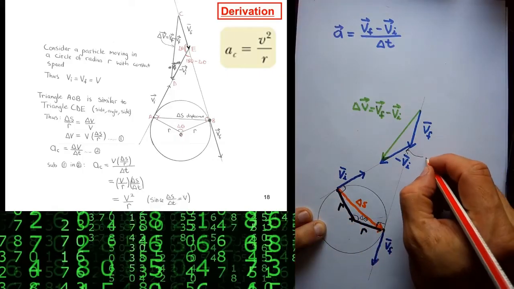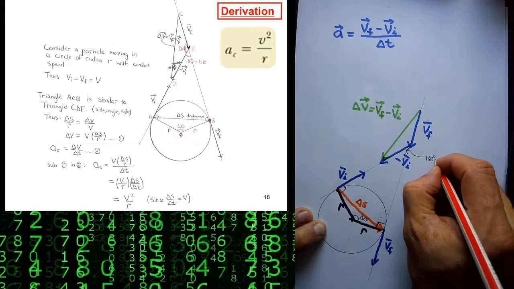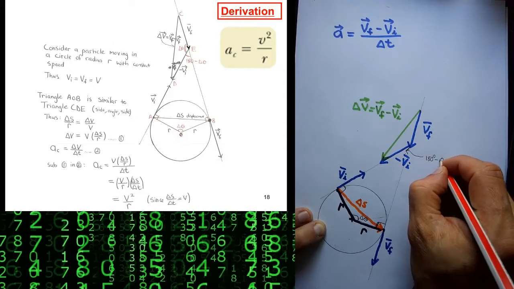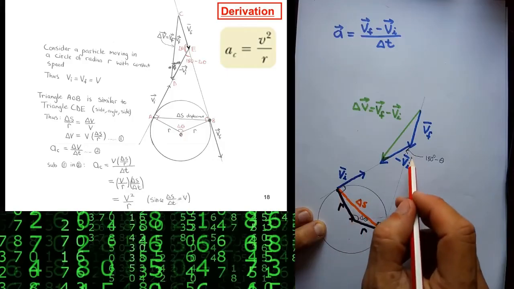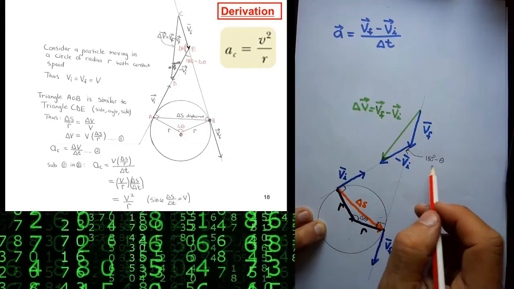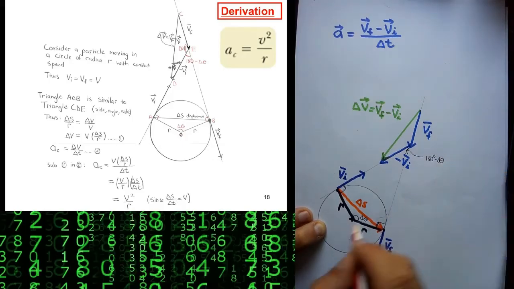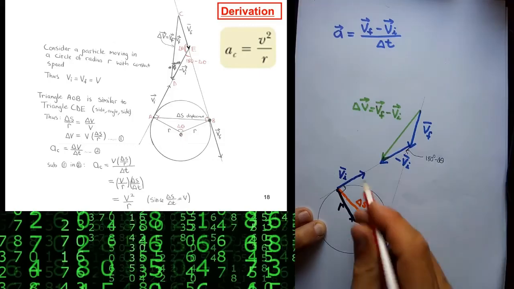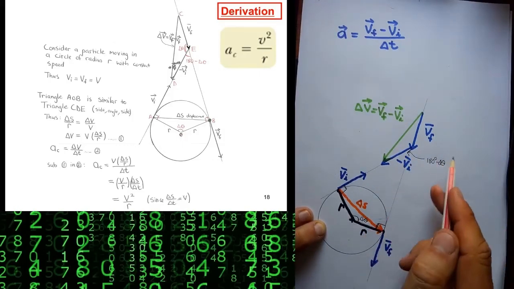It means that this one here must be 180 degrees minus theta, right? Because now we have 90 plus 90 is 180, then plus 180 minus theta will be 360 minus theta, plus delta theta will give 360. So this angle here is going to be 180 degrees minus theta.